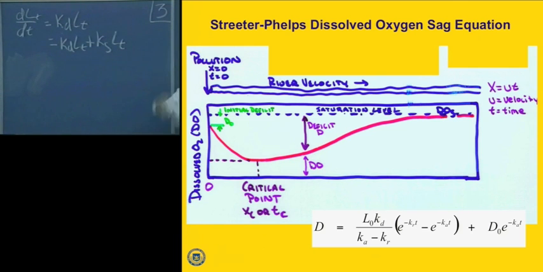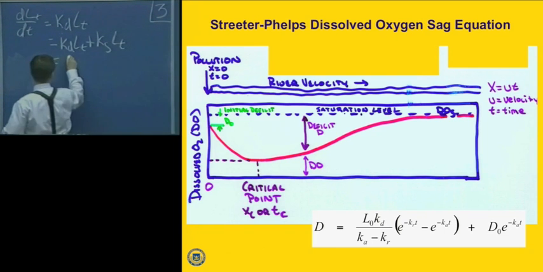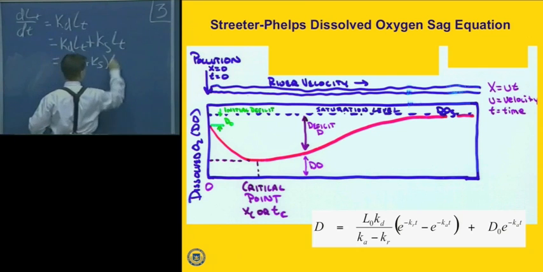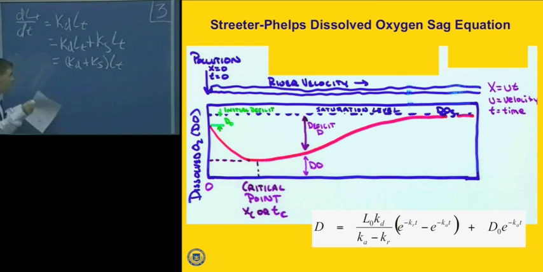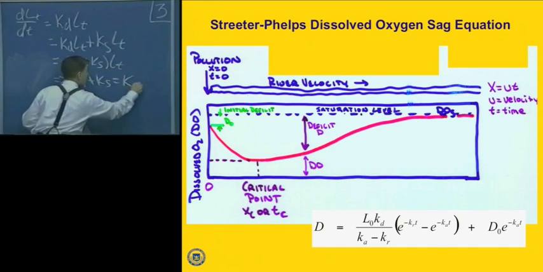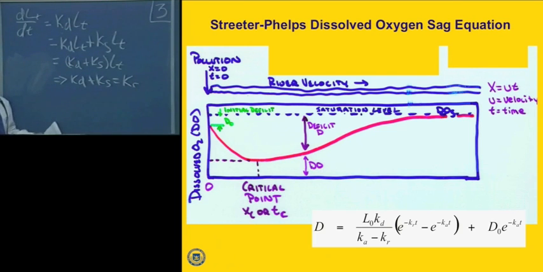You got a big glob of it, it's going to fall faster. Okay, and I'll rearrange a little bit. Equals Kd plus Ks times L of t. And then I'm just going to call Kd plus Ks equal to Kr. So Kr is the rate of loss of oxygen-demanding waste.